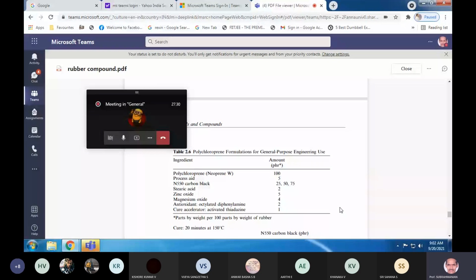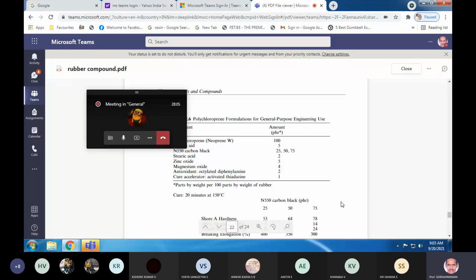In its place, you have a thiazine, the Cura accelerator, activated thiazine. This again contains some sulfur and nitrogen in certain functional groups, definitely not that ethylene thiourea type. So that is about polychloroprene rubber.